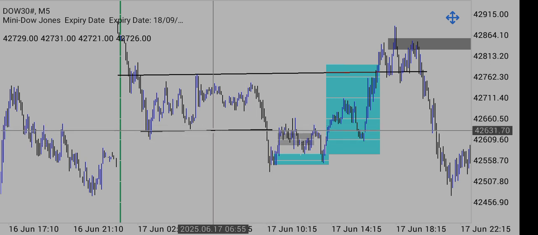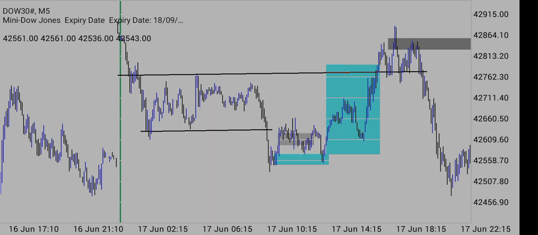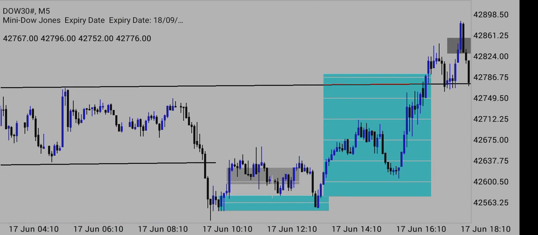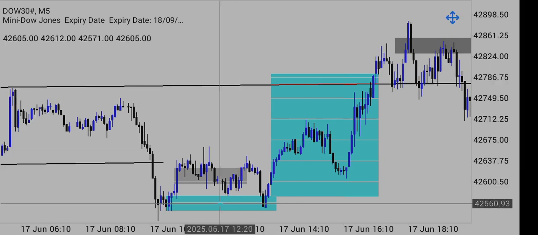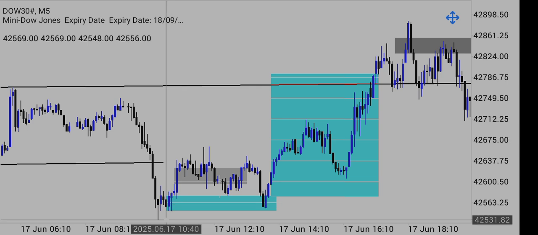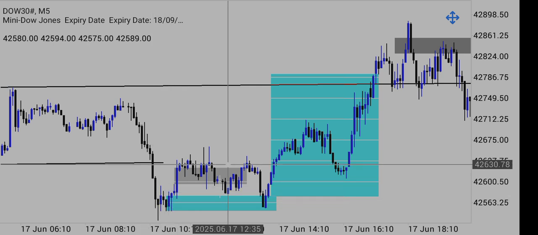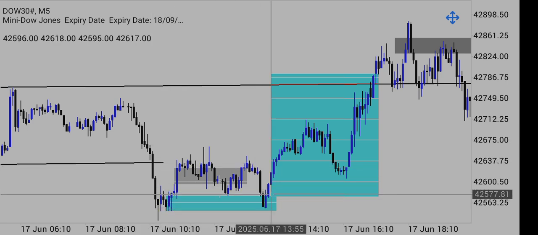It took the sell side liquidity in the London Open and then it came back to retest. So we are going to focus here. Another liquidity goes up, backtests it, and then goes up.